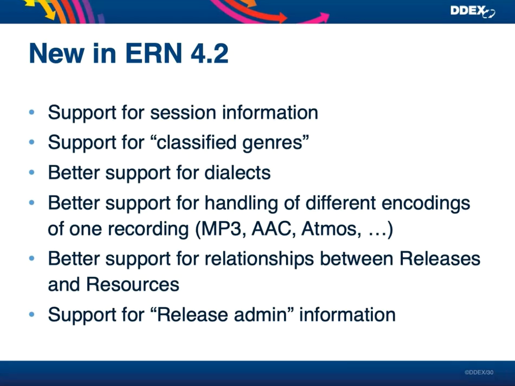How that can be done has been made much more sophisticated in 4.2. Because of this relationship between an MP3 sound recording and an Atmos encoded sound recording, we needed better support for relationships between different sound recordings as well as different releases.